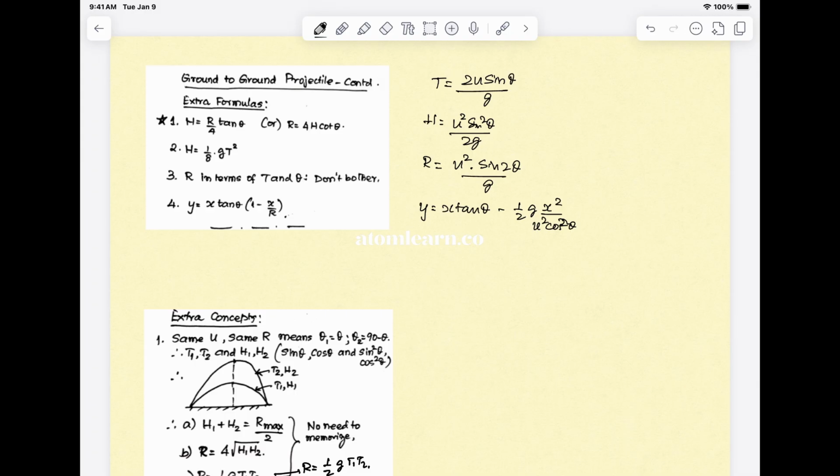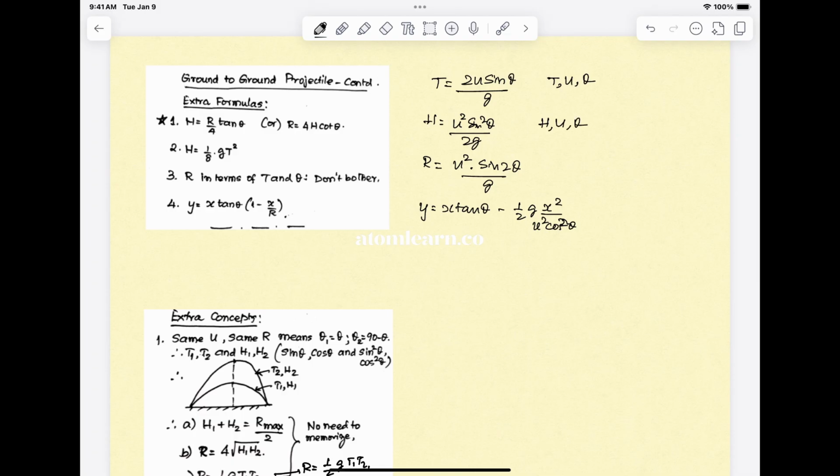Now the extra formulas also will be useful, because as I told you in the last class, the first formula is linking, that is the relation between, time, u and theta. Then the second formula is linking h, u and theta.